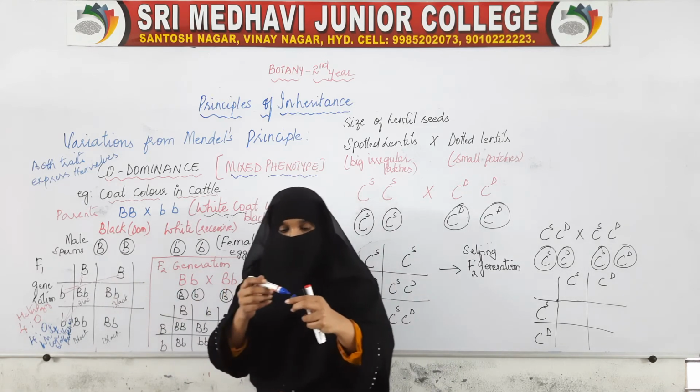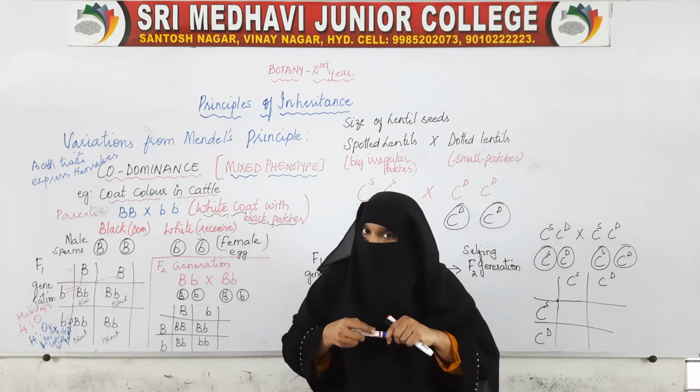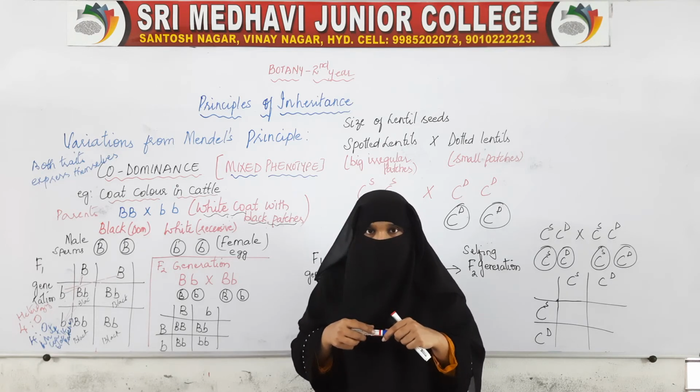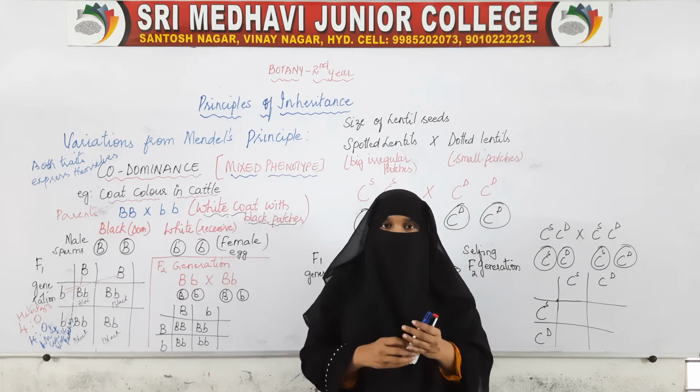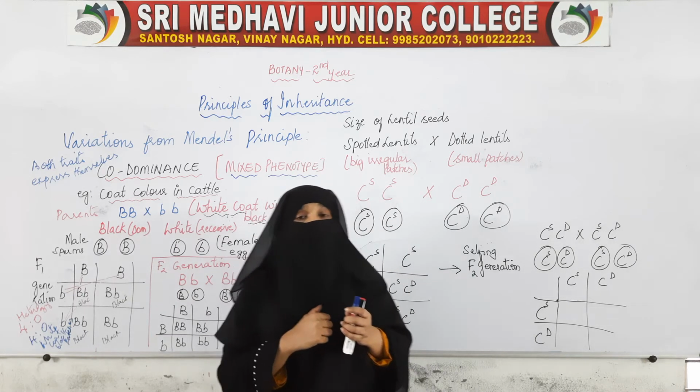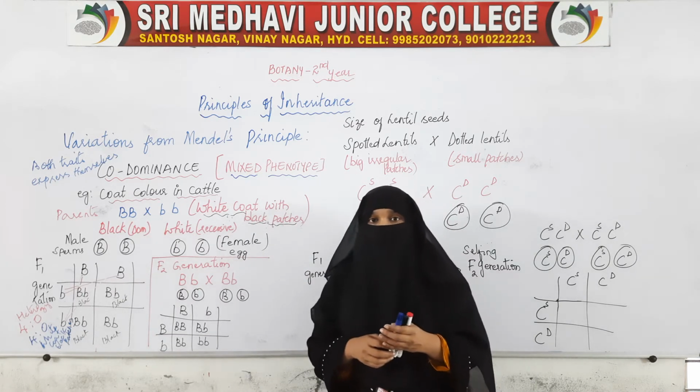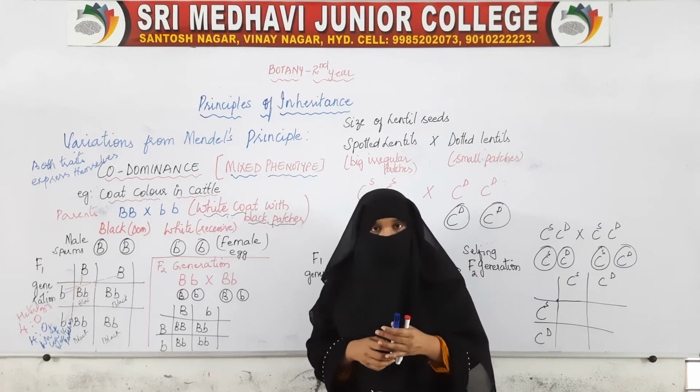So the genotypic ratio is 4:0, that is heterozygous. All four are heterozygous, that is capital B and small b, and the phenotypic ratio is also all four capital B small b, that is black patches with white coat color.